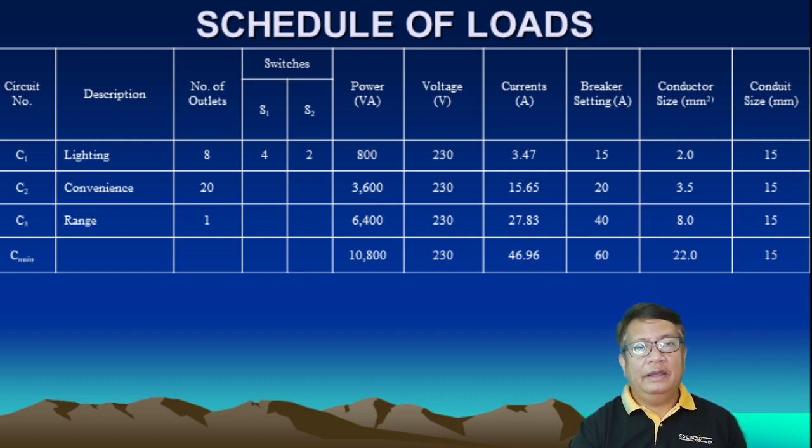And the last column of our schedule of loads is our conduit sizes. This time, flexible hose is no longer advisable because it is very easily damaged. It will become brittle if exposed to different weather and then easily broken.